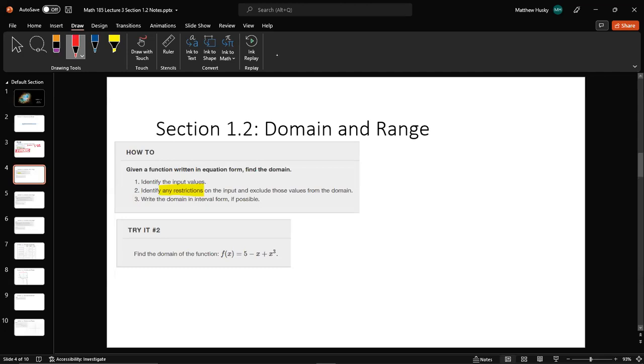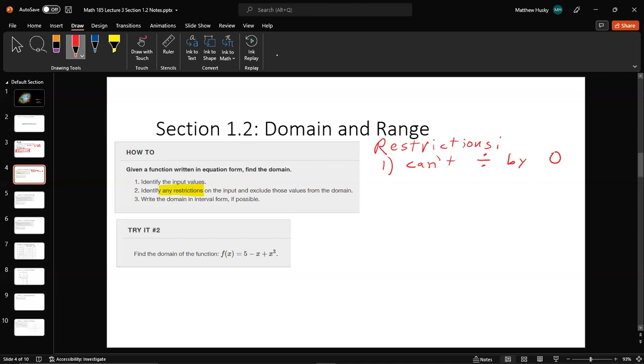So, restrictions. Number one, you can't divide by 0. That is the first restriction. So if you have a situation and you're dividing by your input or something with the input in it, whatever that is, you cannot have any division by 0.